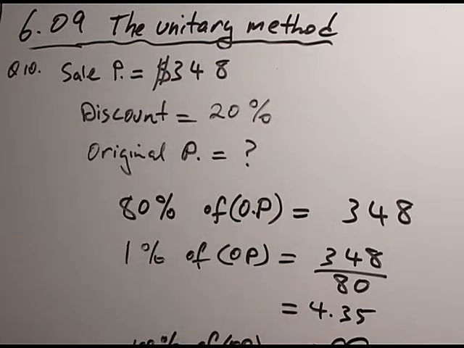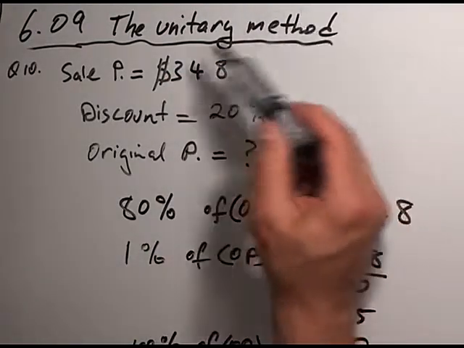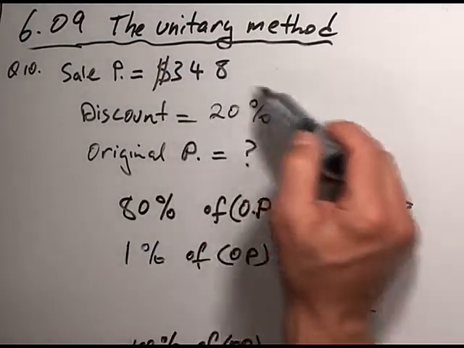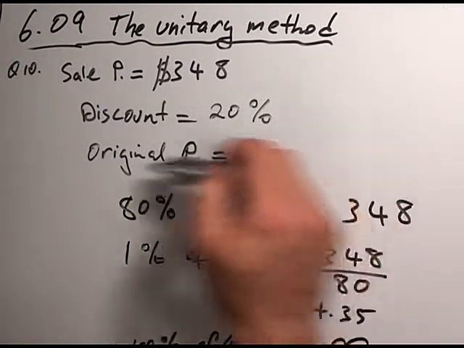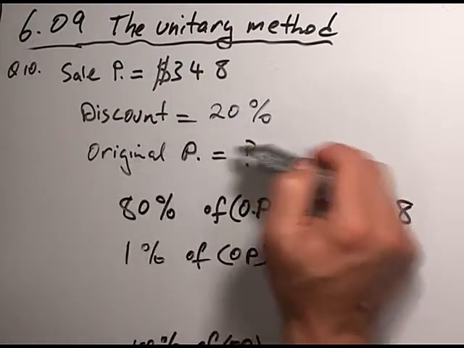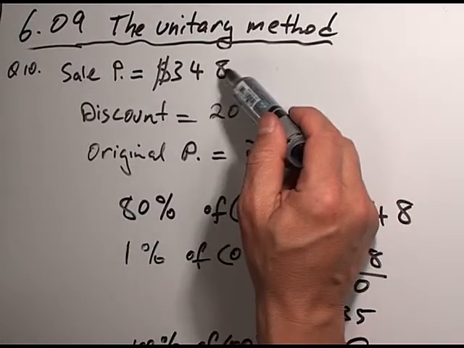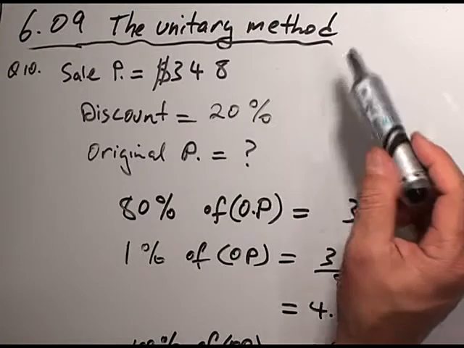Using the unitary method, what I've done is I noticed that the discount of 20% is in fact 80% of my original price. So 80% of my original price is my sale price, which is 348.